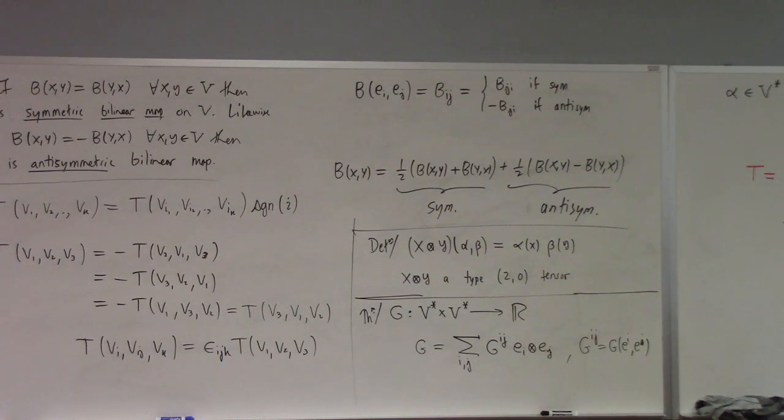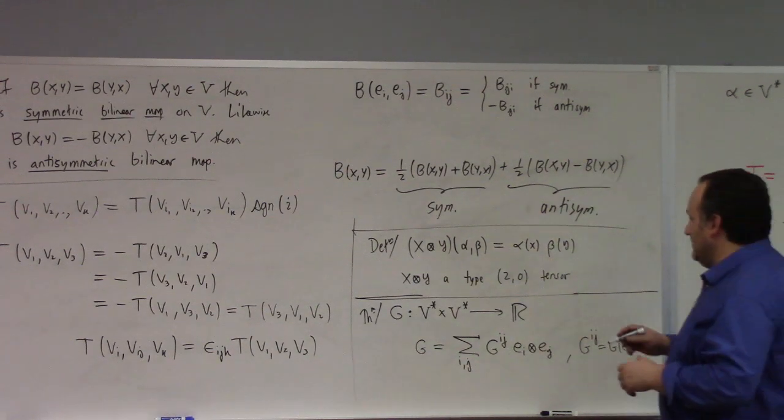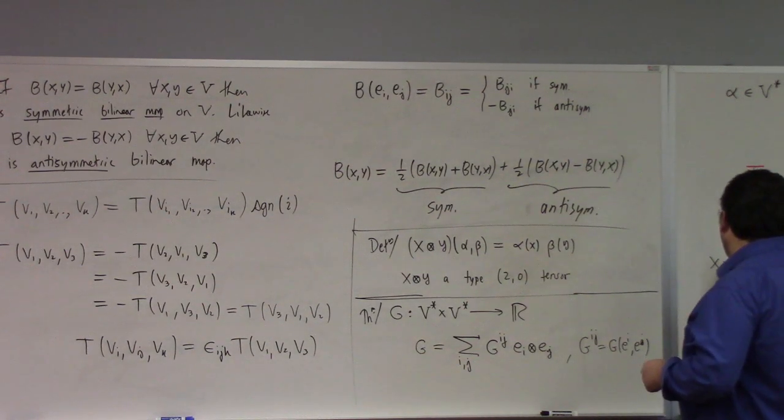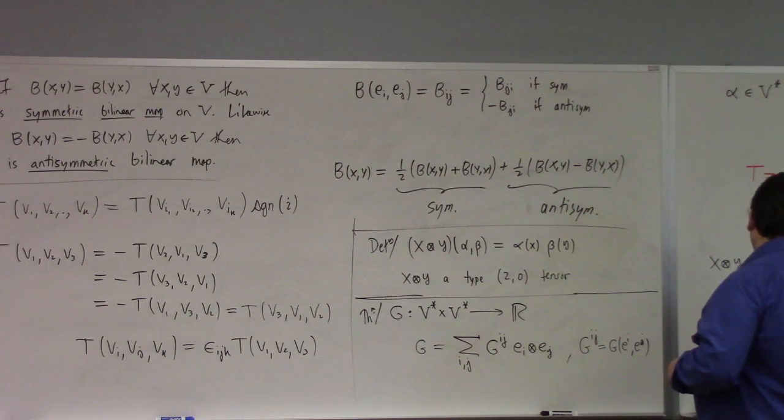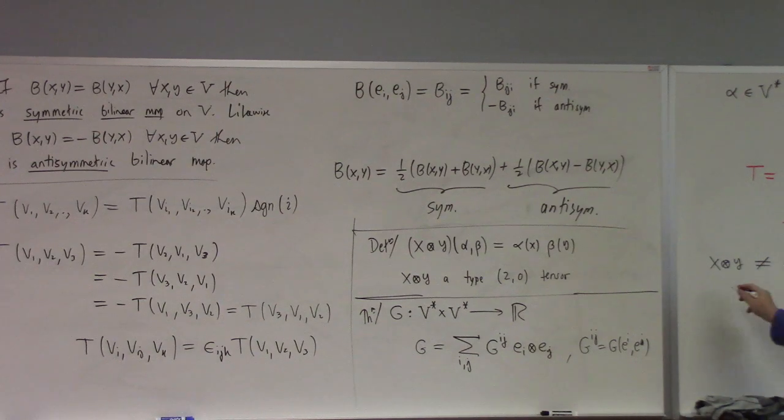However, x tensor y is not equal to alpha tensor beta. That's not true. These are different objects. This is a type 2, 0 tensor. This is a type 0, 2 tensor. They operate on different pairs, but if we make the pairs match up, it is true that their output is the same.